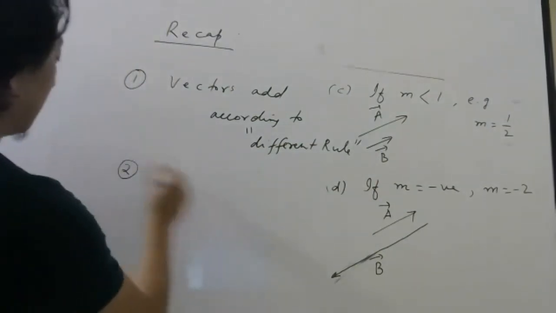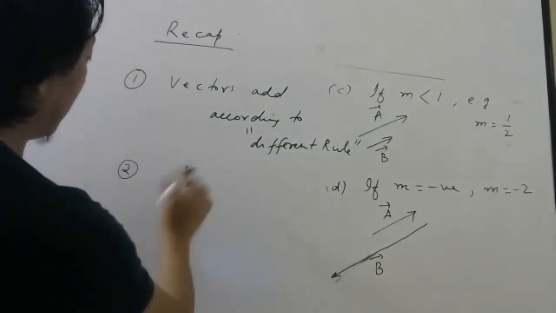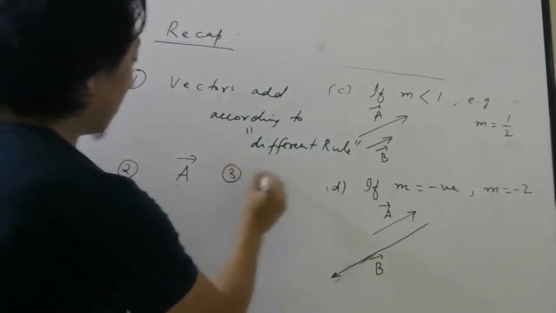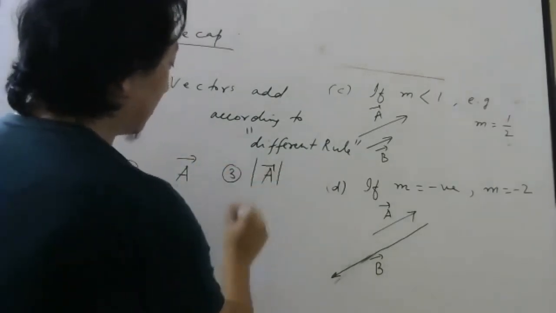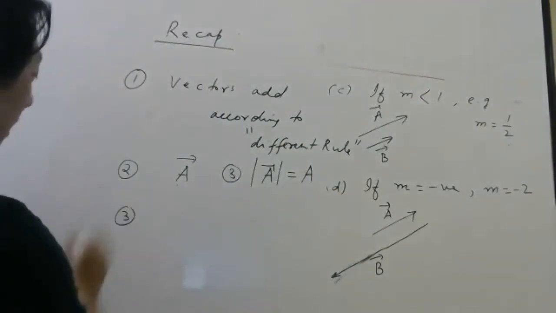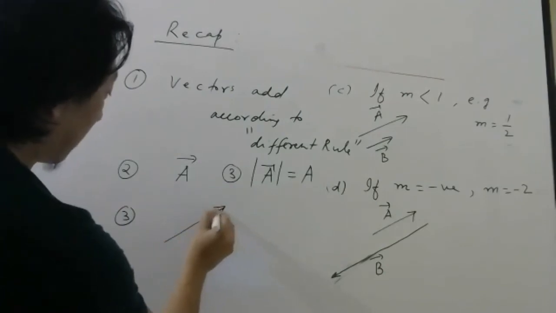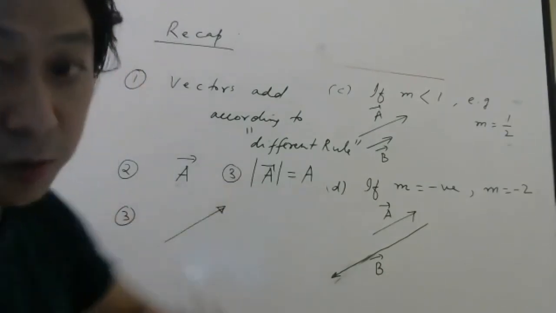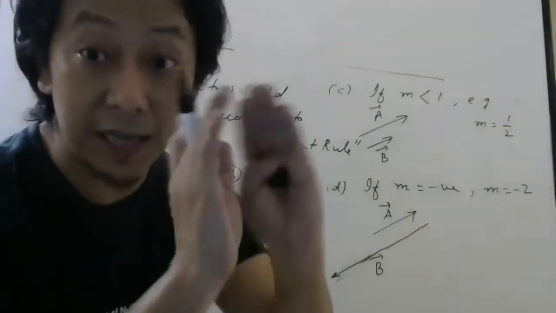Second thing I told, symbol of vector will be any letter with an arrow mark. Third thing, magnitude will be given by this symbol or simply A. Third thing I told, arrows will be used to represent vector in a diagram.